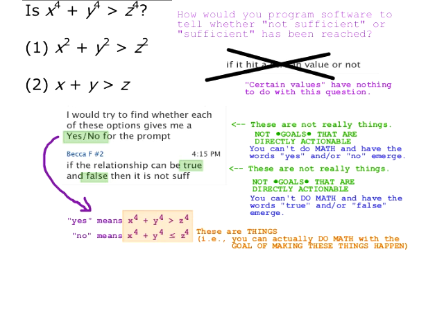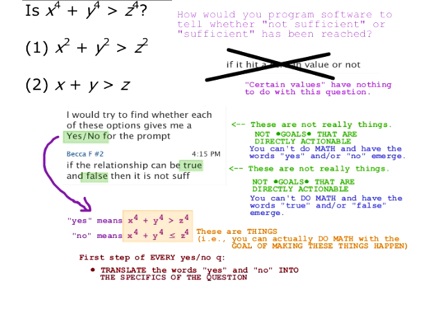The first step of every single yes-no question is to translate the words yes and no into the specifics of the question, and then ditch the words yes and no forever. Do not think about them at all after that point.